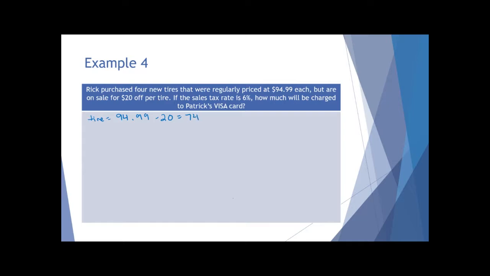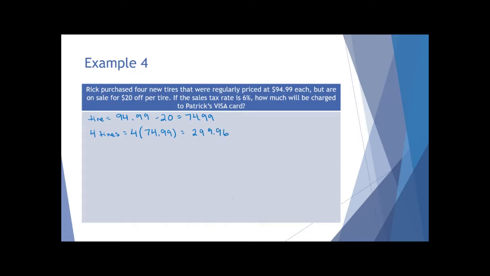So that gives us $74.99. So that means if we have 4 tires, that is 4 times $74.99. So that comes to $299.96.